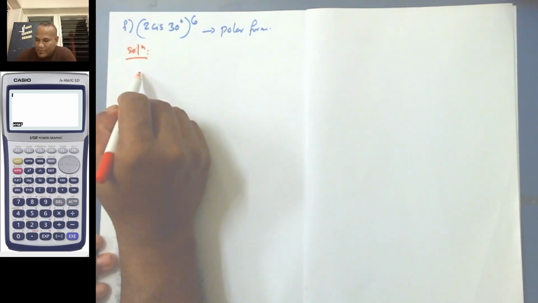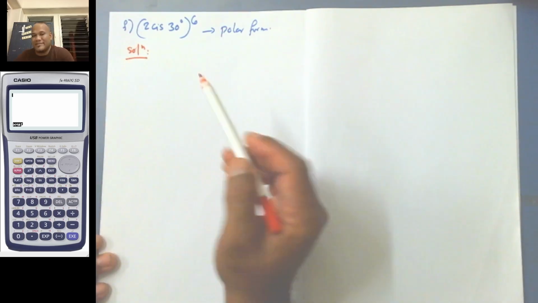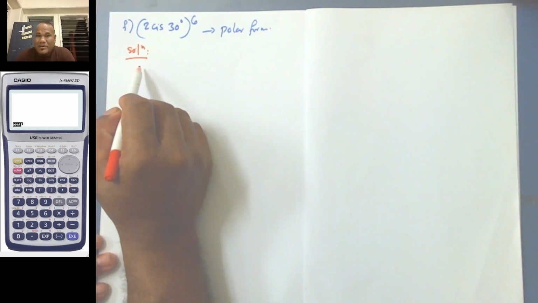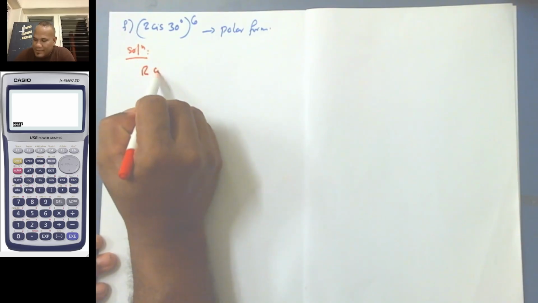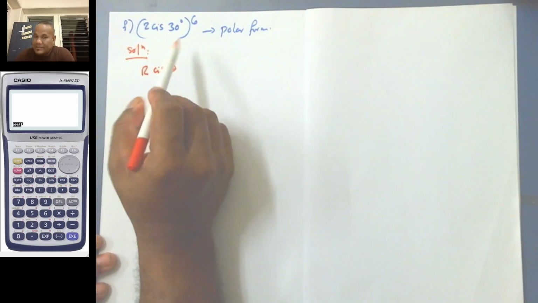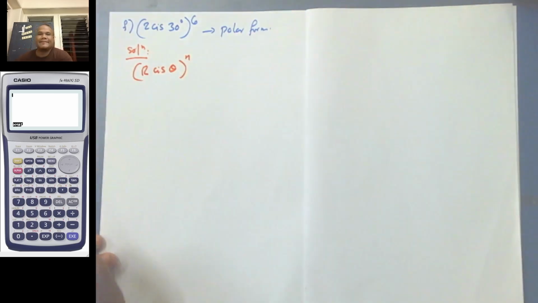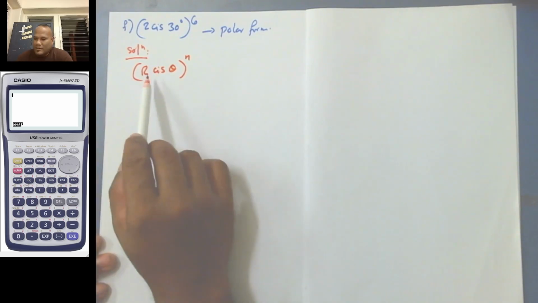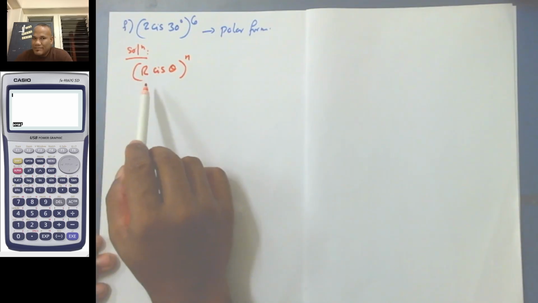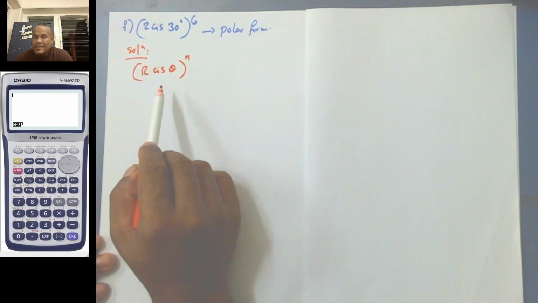We have looked at it in our previous video, that any polar form is written as r cis theta, but in our case this is to the power of n. Now a situation like this obeys what we call De Moivre's theorem.